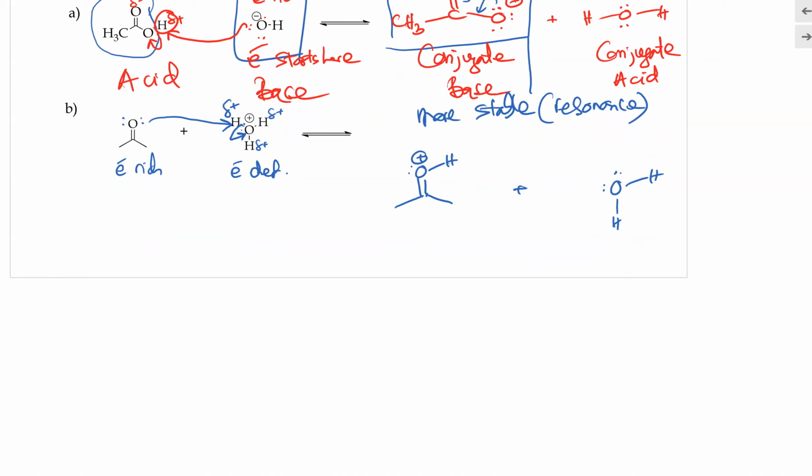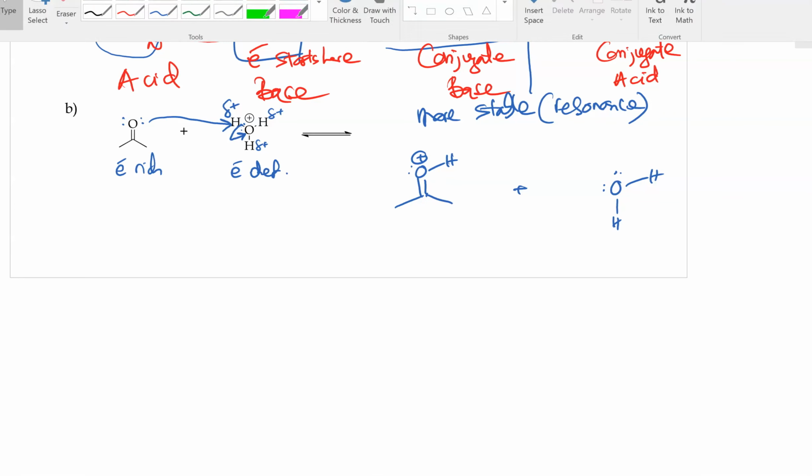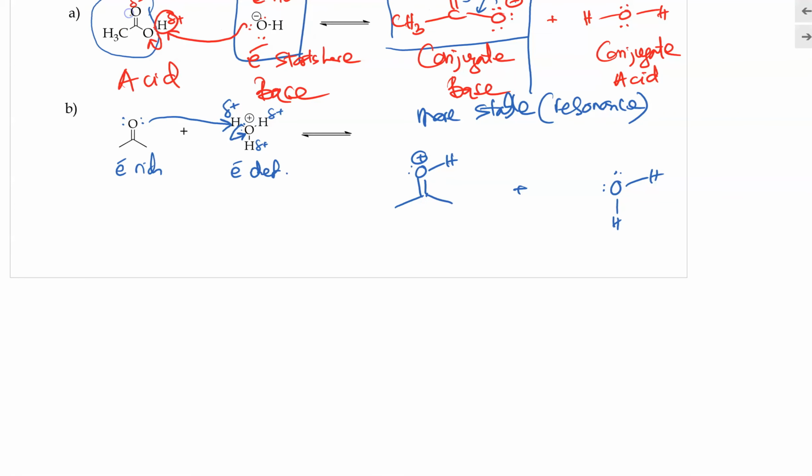So that will be the product right there. And now we have to identify the base and the conjugate base. So in this reaction, this is the base, and this is the acid, and this will then be the conjugate acid. CA stands for conjugate acid, and this will then be the conjugate base.